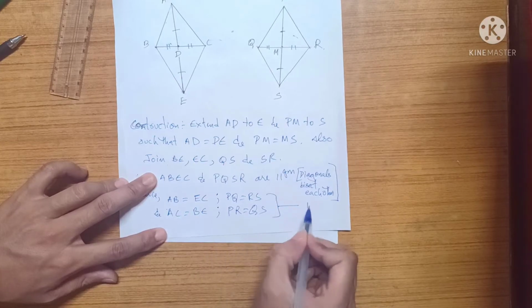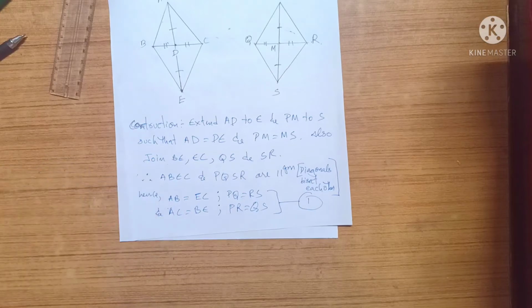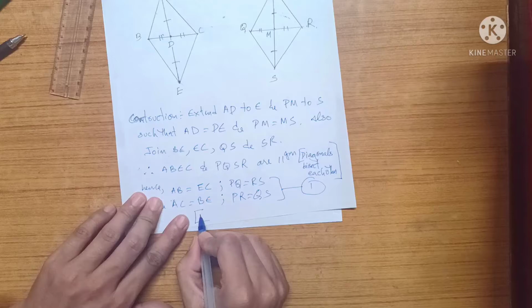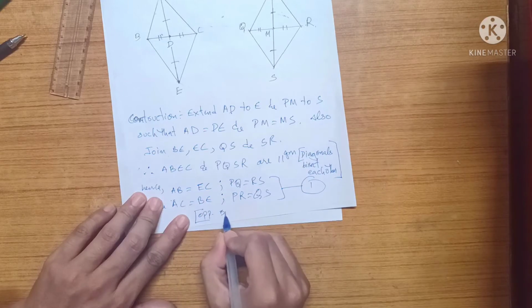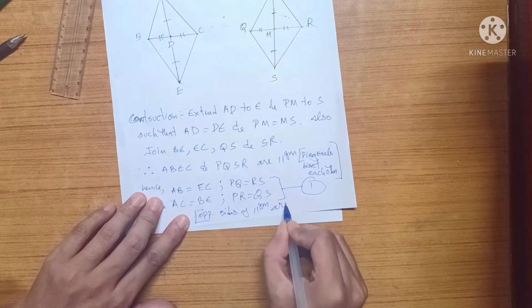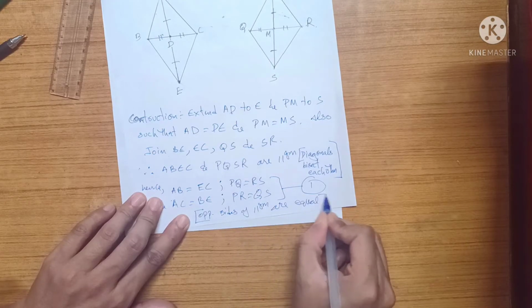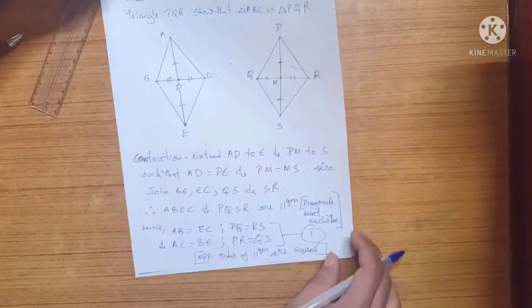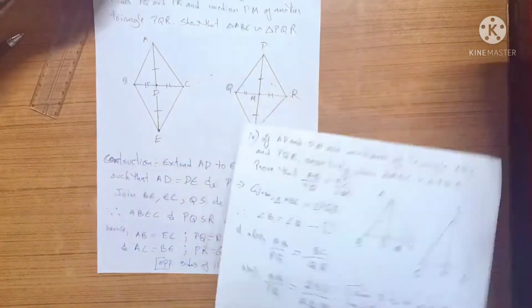So this will be our equation 1. And then for the reason, just write: opposite sides of a parallelogram are equal. Okay, now that that's done, let's write what is given.